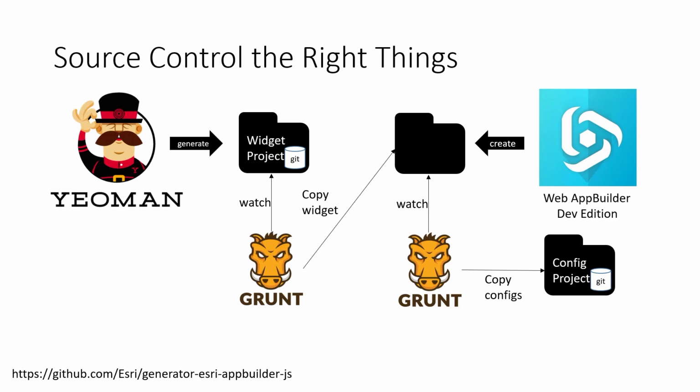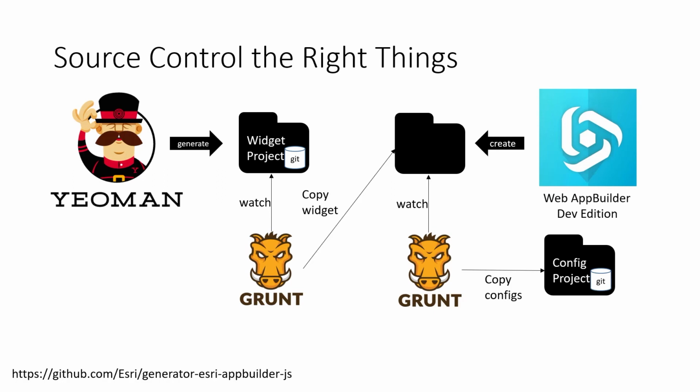We'll show you what this looks like in a single project. You can use your configuration project and pull in widgets as remotes into it, or you can just have one project that has both your configuration and your widgets in it. You just need to go with the simplest solution based on your overall needs.